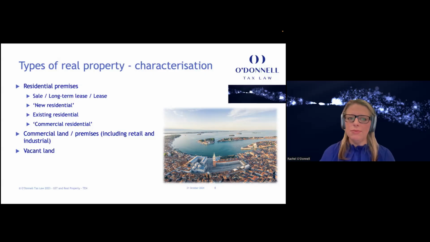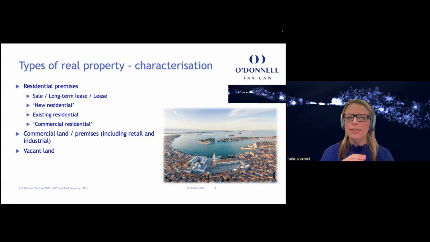And the other exception for property is residential premises. So the sale or long-term lease and the lease of residential premises, the starting point for that is that it will be input taxed, which means no GST, but the supplier can't claim input tax credits for the GST in the expenses they incur.